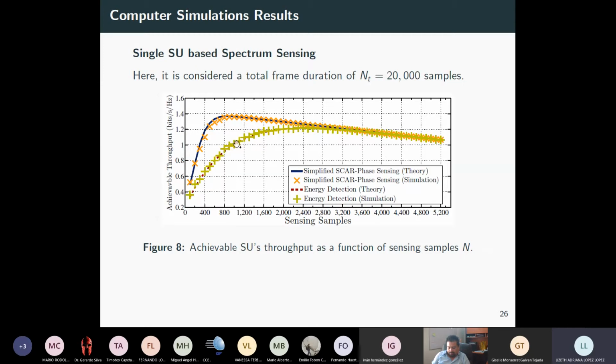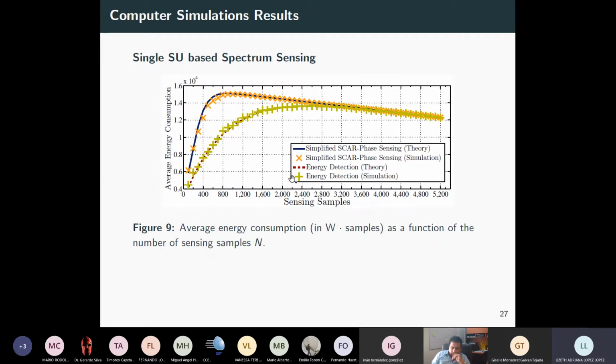And here we can see that the secondary user achieves a better throughput when exploiting the training information. And the maximum throughput is attained with fewer samples in comparison with the energy detection.